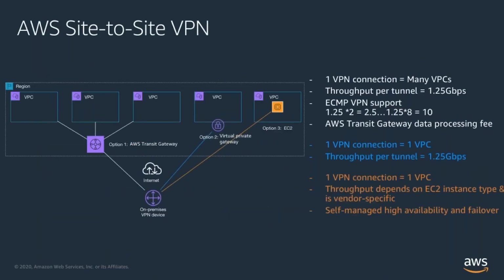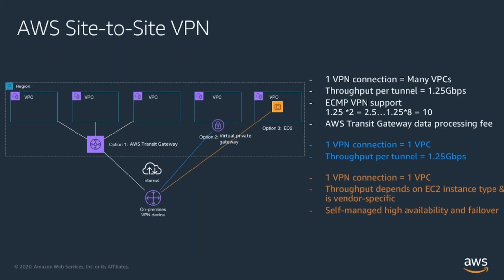So I put together a diagram showing the different options for VPN connectivity. The first option is when you have multiple VPCs and you're using a transit gateway. With transit gateway, the advantage is you get to have a centralized VPN. It supports ECMP, so you get to have higher throughput.